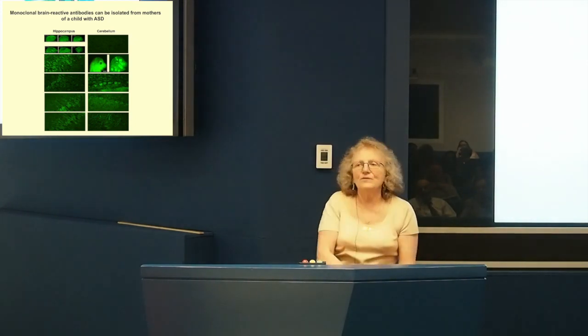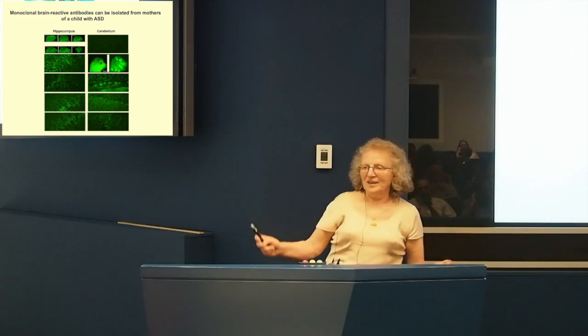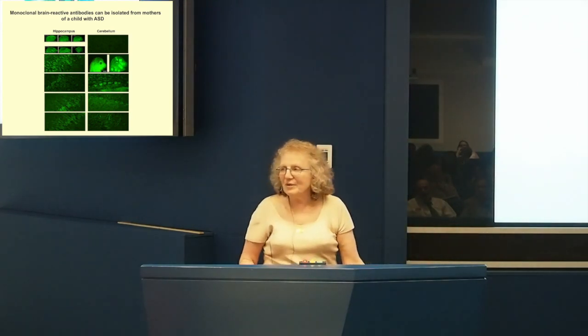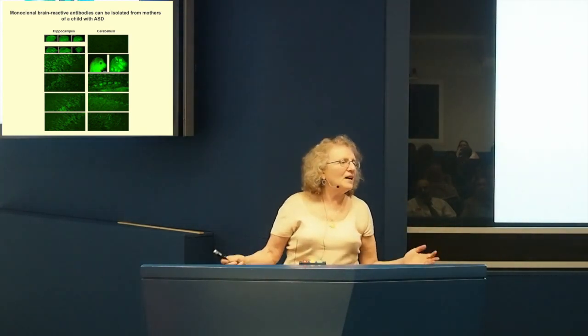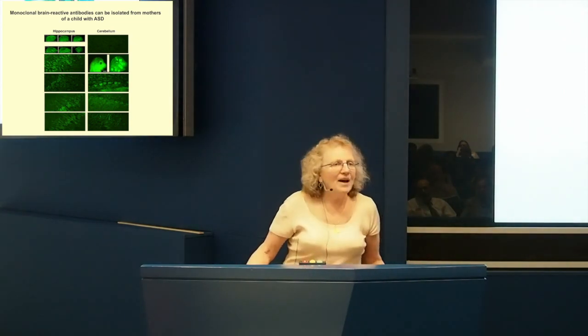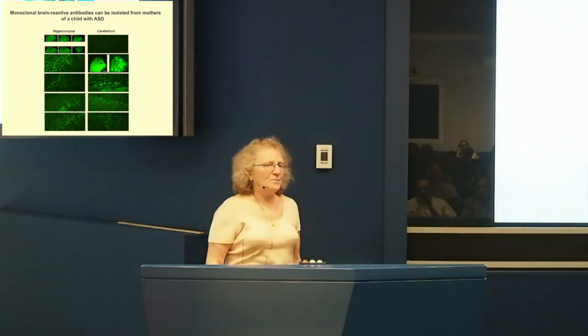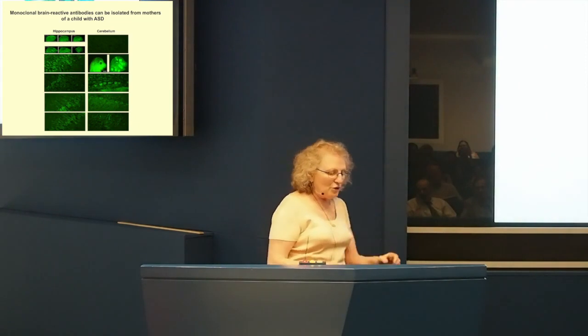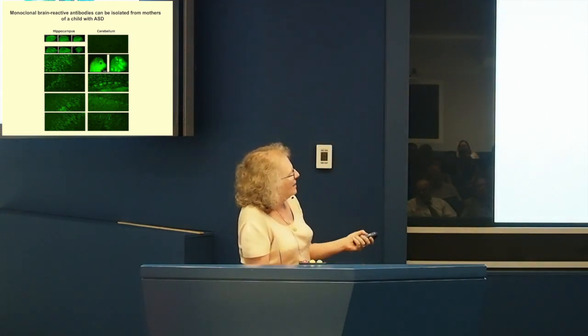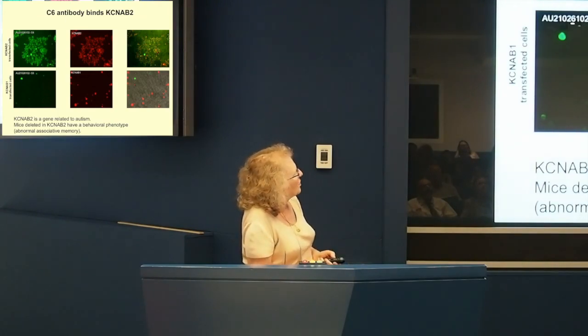And so if you just randomly clone antibodies from peripheral blood B cells, you'll spend a lot of time not finding them. But if you can select for these brain-reactive B cells, you can pull out antibodies, and this is just looking at antibody binding to brain.